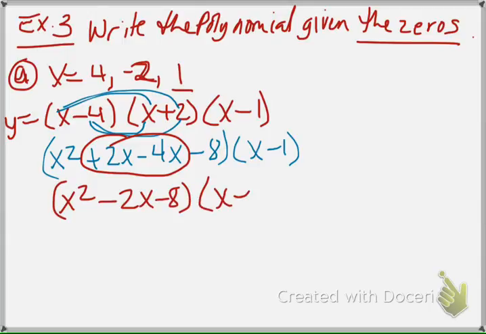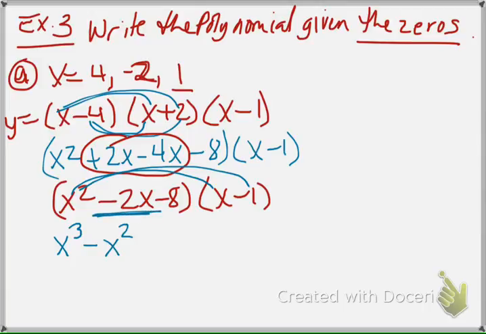Don't forget, we still have the x minus 1, so you have to do distributive property. It's not considered FOIL because the first one has 3 terms. So then we do x squared times x, which is x cubed, x squared times a negative 1, negative x squared.